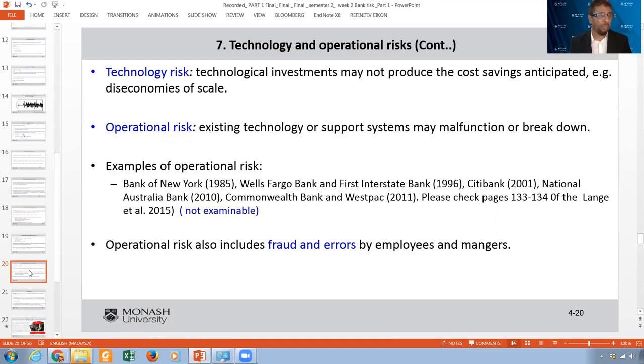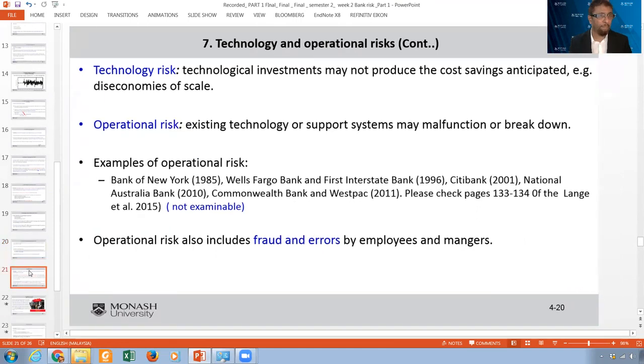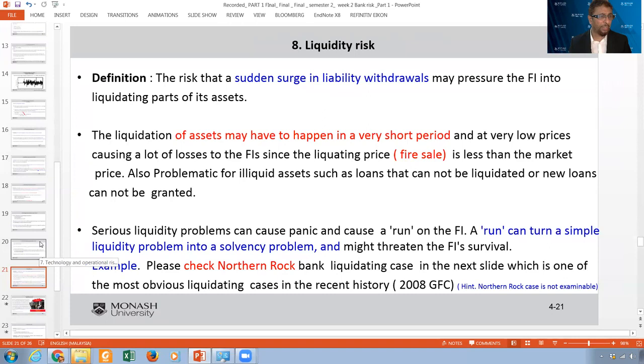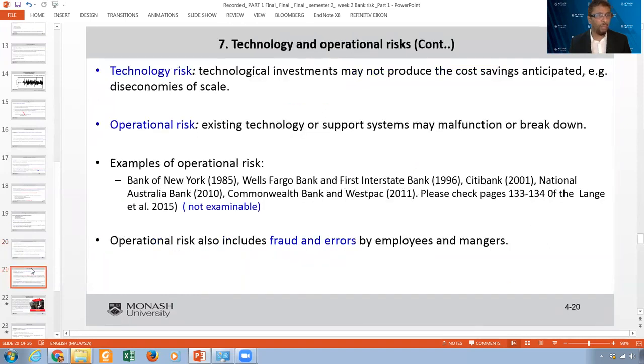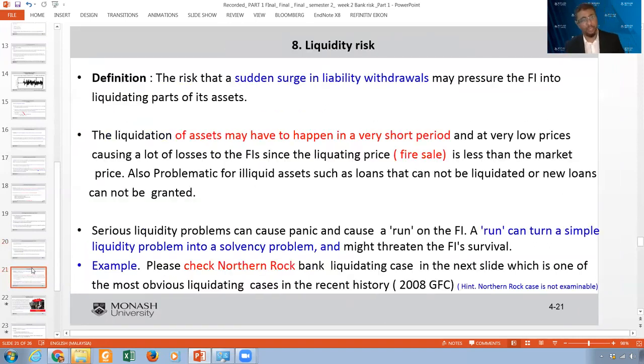Now let me go to another one, which is liquidity risk. Liquidity risk is a very interesting issue and one of the most important risks in banks. It is just the unexpected withdrawal of your deposits. To define it, it is the risk of a sudden surge in liability withdrawals.